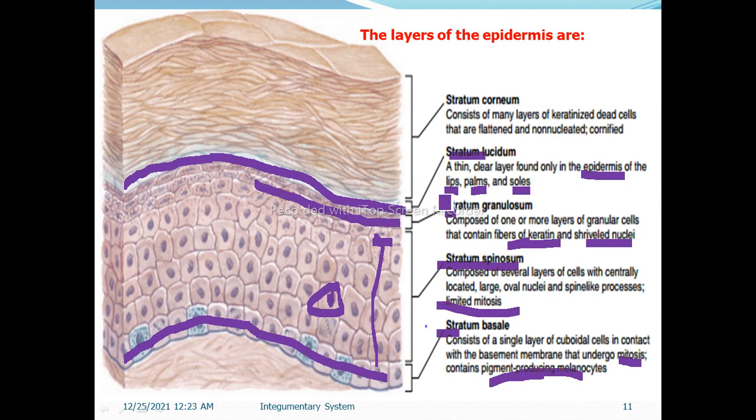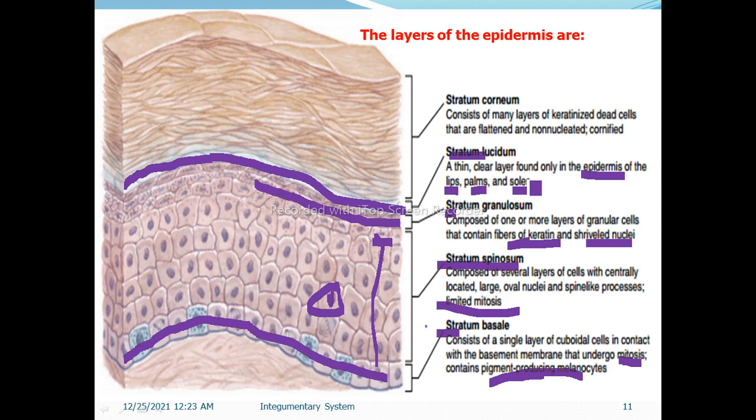In other words, other than these areas, this layer is absent. So we can say that skin has four layers, but for these organs, skin has five layers. Stratum lucidum is absent in thin skin, unlike thick skin.